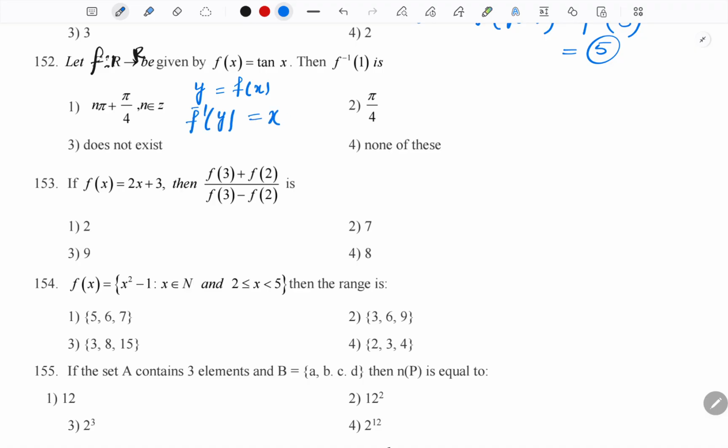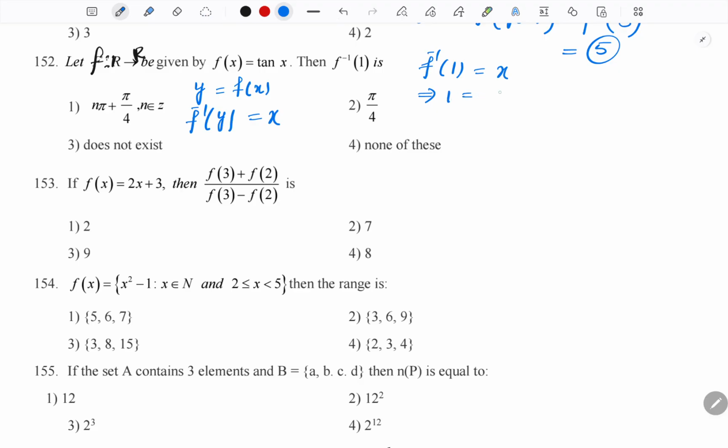Now compare these two, students. Instead of y, how much is there? 1. Substitute that value, then write here. Then f inverse of 1 goes to x, right? What is the x value here? Then f moves to that side.